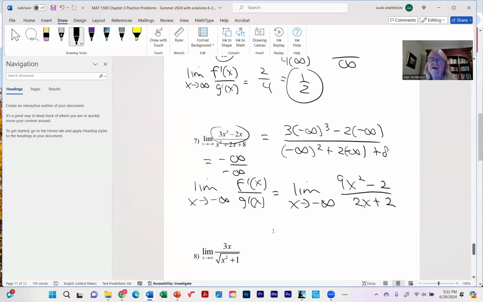All right, what happens now? So when you plug in, we still have negative infinities all over the place. So wait a minute, is there something else we can do? Maybe we could factor this.